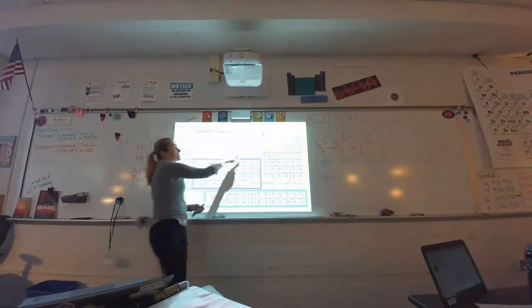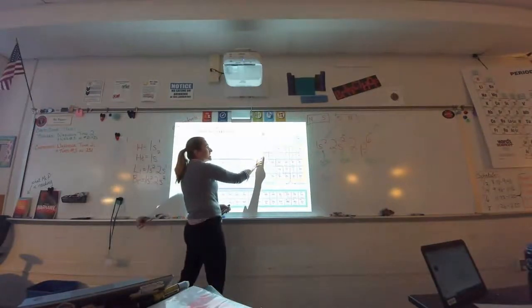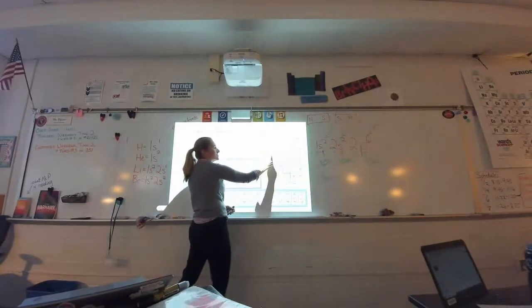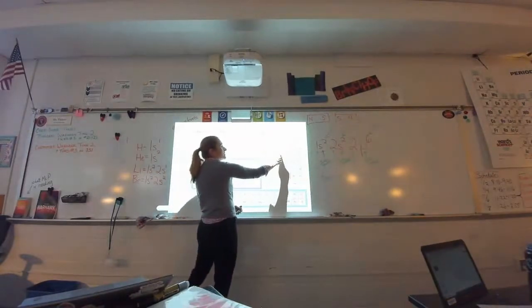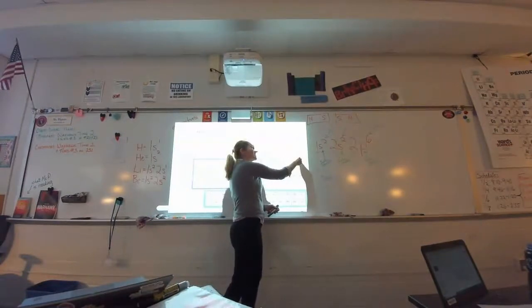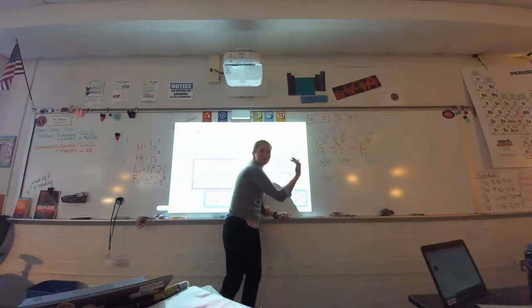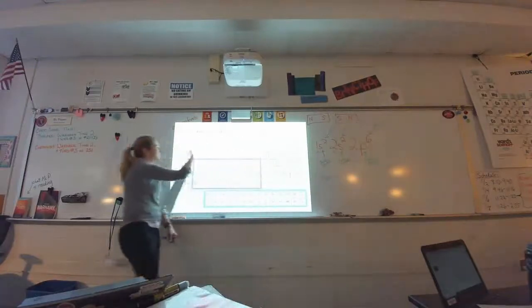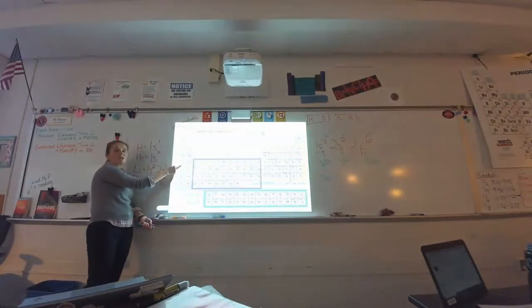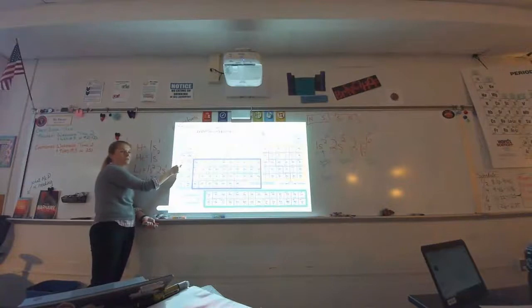And then as we go across here, we have 3p1, 3p2, 3p3, 3p4, 3p5, 3p6, and then the p's are done there. And we have to come back to the beginning. And this guy, his valence electron is 4s1, because he's in the first column.